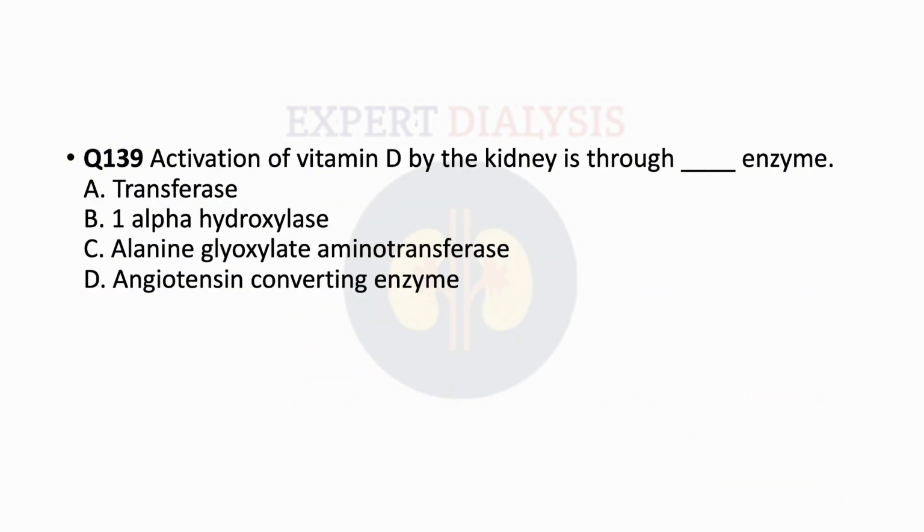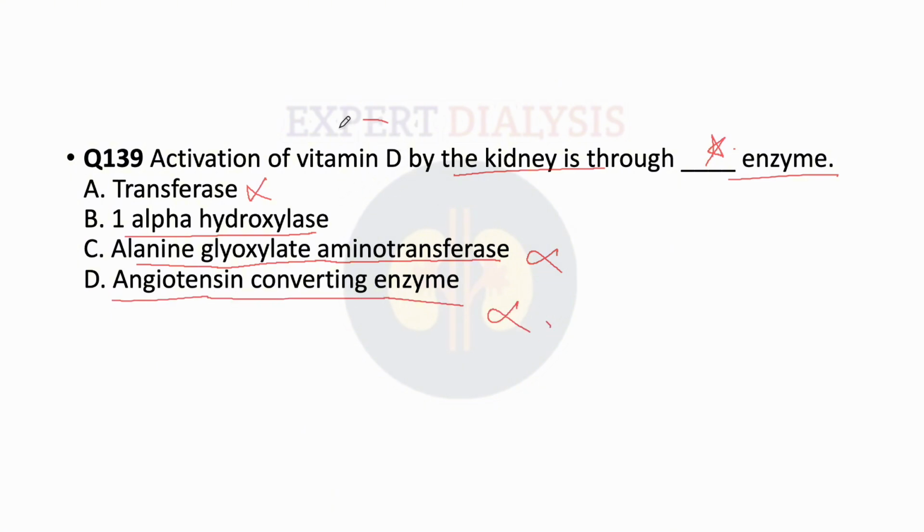Moving ahead to the ninth question, it says activation of vitamin D by the kidney is through which enzyme. Option A is transferase, option B is 1-alpha hydroxylase, option C is alanine glyoxylate aminotransferase, option D is angiotensin converting enzyme.